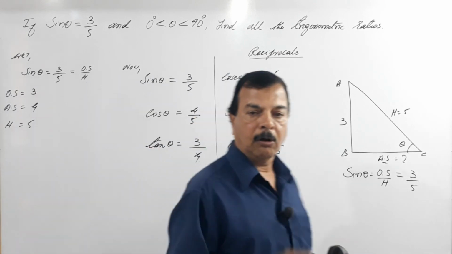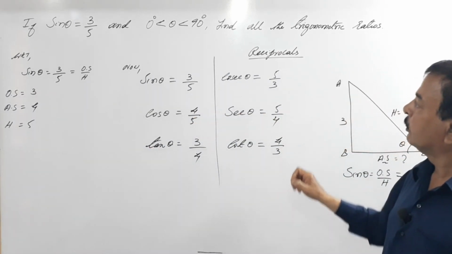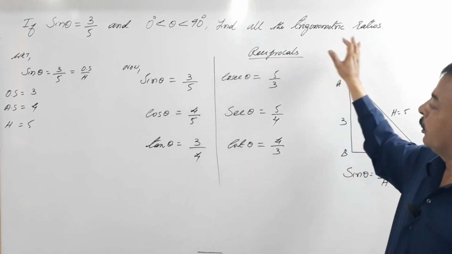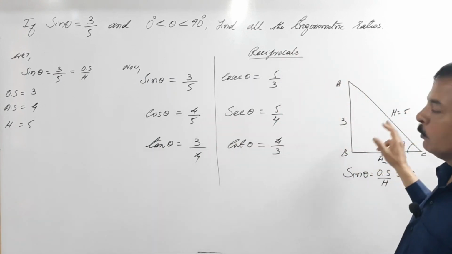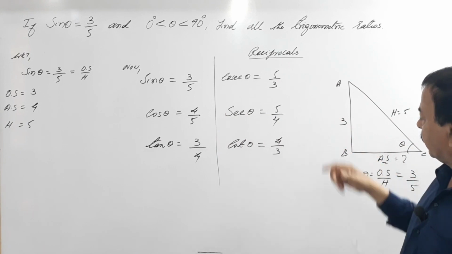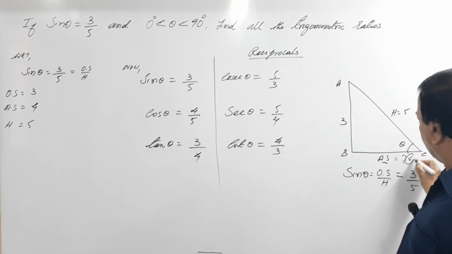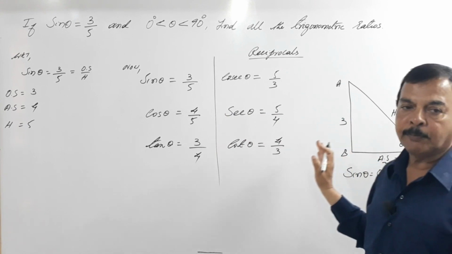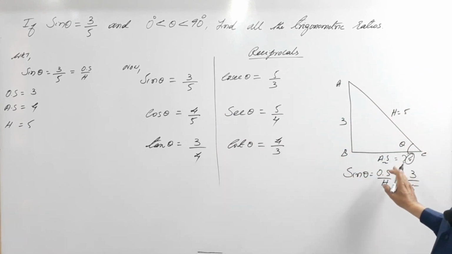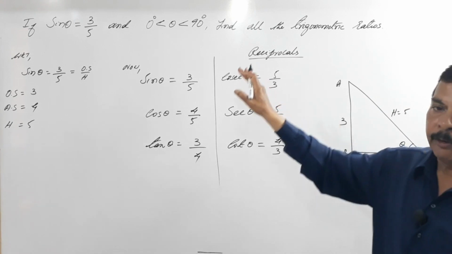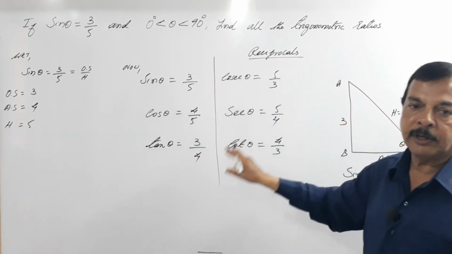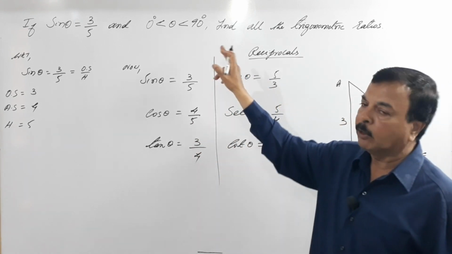So we have got all the values of the other trigonometric ratios by knowing one simple technique: using Pythagoras theorem, we found the unknown value equals 4. After knowing these relations, you can definitely calculate all the values you want.